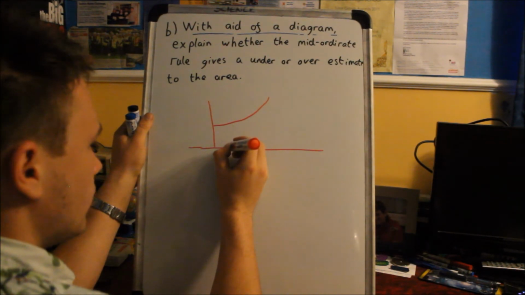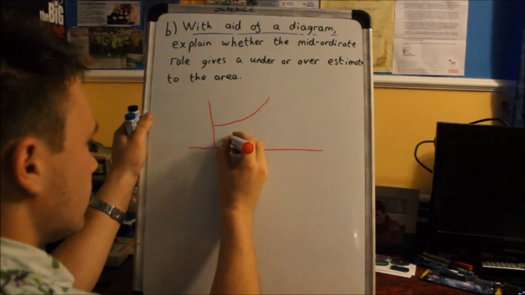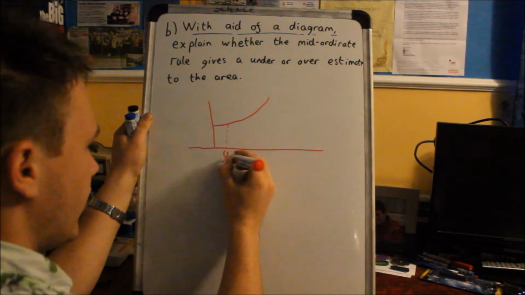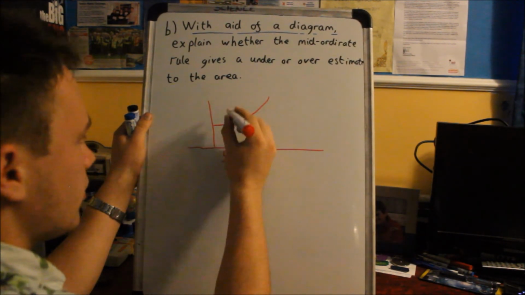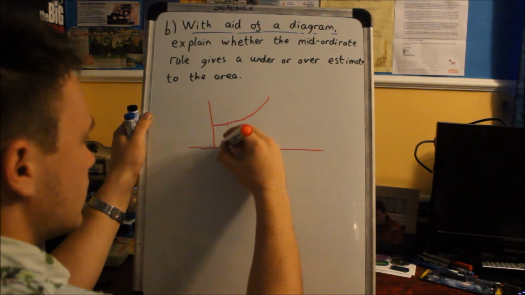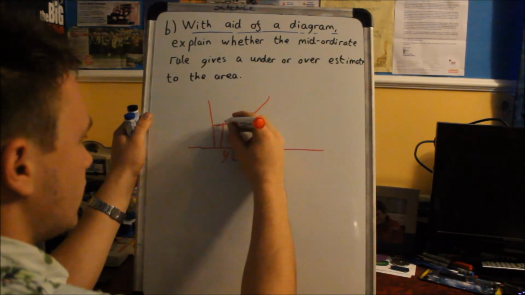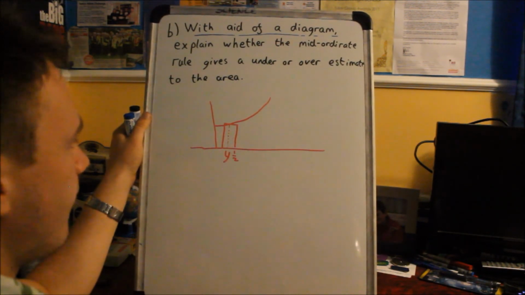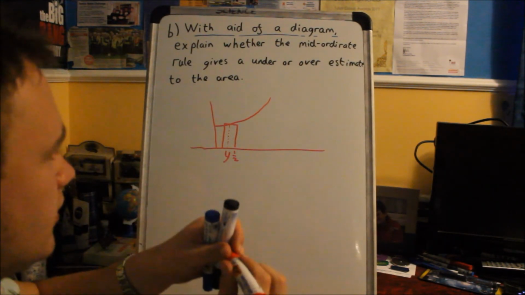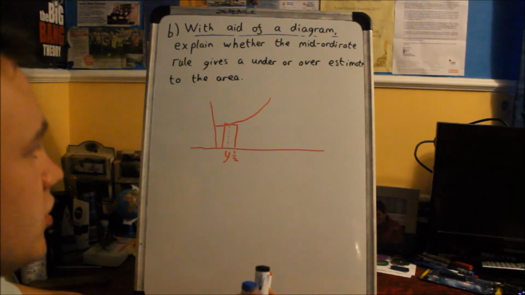Well, the actual ordinate that we're taking, so this is y half, I believe it was 0.4 in our first one, but the mid-ordinate part that we're actually taking takes a rectangle about that point, like this. Okay, so you can already see that's just going to be an estimate.